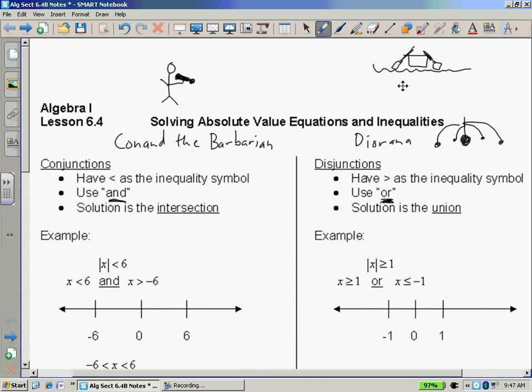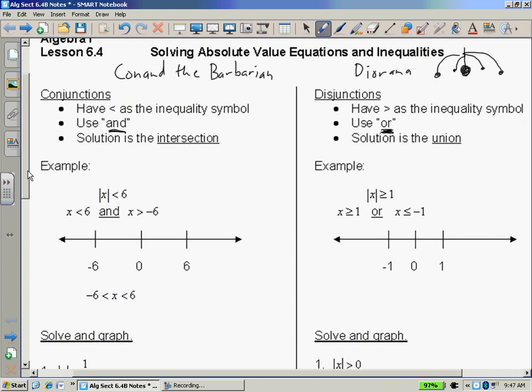And the oars from the boat generally were going this way. So Conan the Barbarian wielding his spear, AND statements generally looked like this, shaded between the points. And the OR statements generally were, like the oars on the boat, away from the boat. So keep that in mind as we're going through.